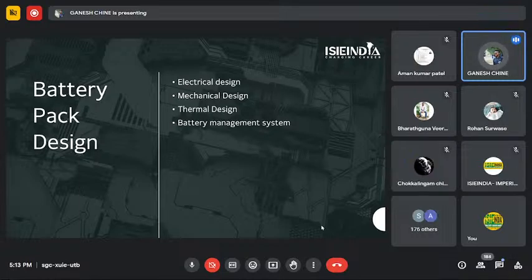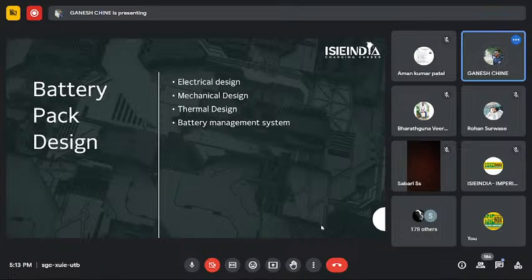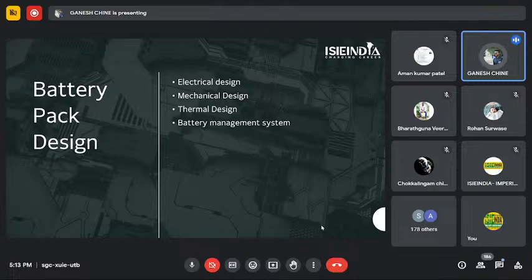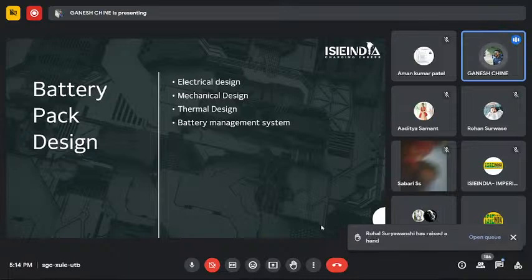In that we require certain data: how much charge remains, how the temperature is rising under different temperature conditions, what current we get from the battery pack, whether any hotspot region is generated in the cells, and what the state of health of every cell is. Those things are known from the battery management unit. While designing any battery pack, we require all those four important things.